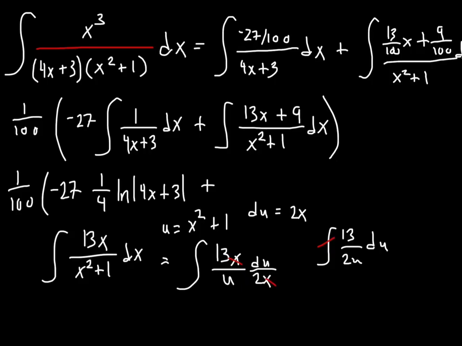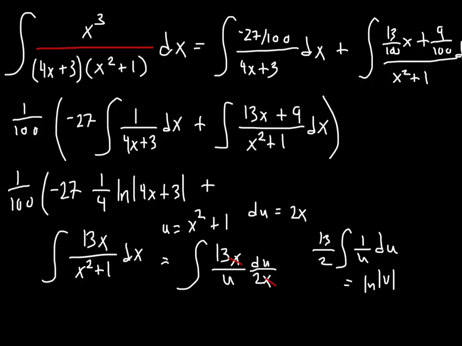I can just bring the 13 over 2 to the front. So this will be 13 over 2 integral of 1 over u du, and the antiderivative of 1 over u is simply ln with an absolute value of u.